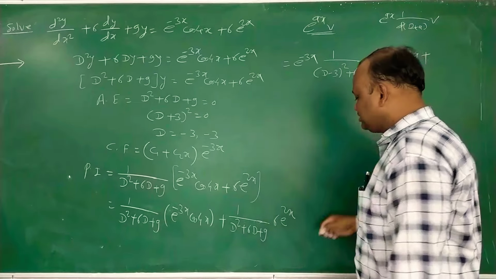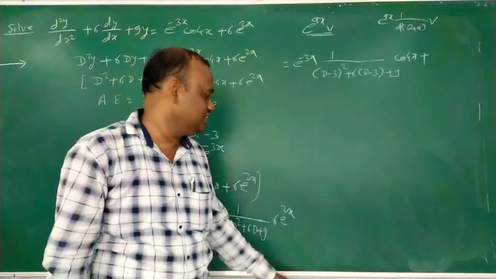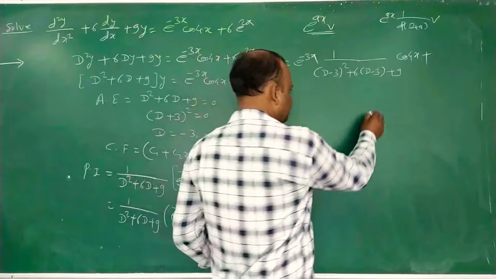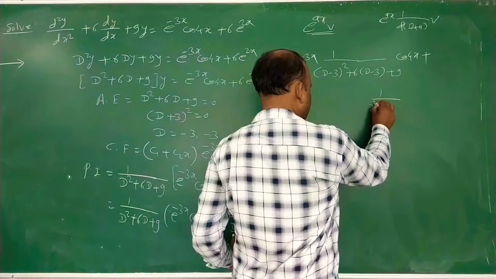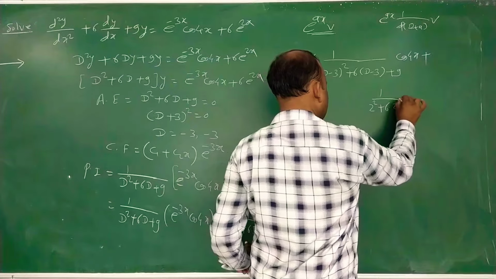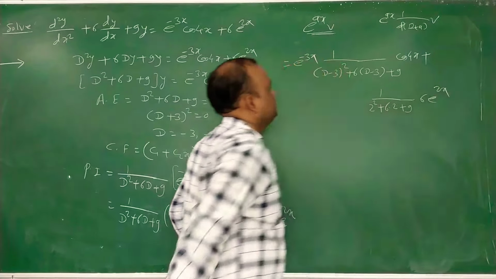And plus here the exponential function e^(2x), so put D = 2. If you put D = 2 here, then this is 1/(2² + 6 into 2 + 9) into 6e^(2x).